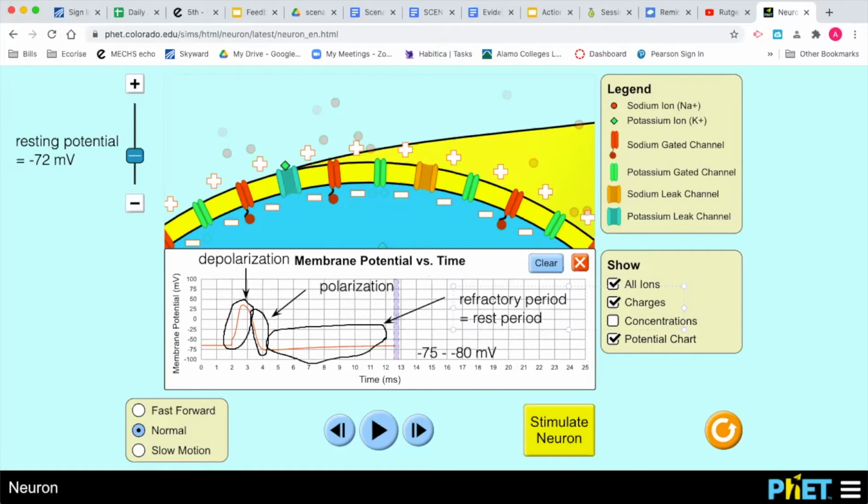So what happens, like we use the example of hitting the knee, right? What happens when that person just keeps hitting it? If you can't stimulate that neuron. If you try to stimulate the nerve during the refractory period, nothing will happen. Now, here's the thing. If you look at the bottom, this is time in milliseconds.